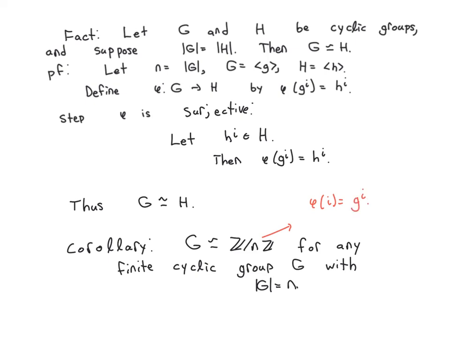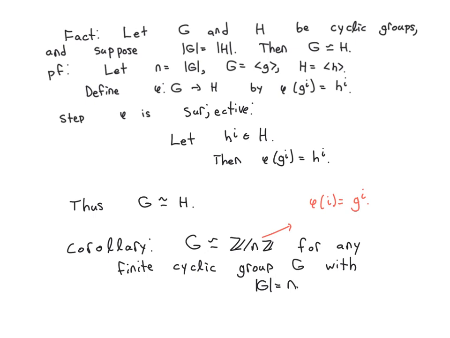And the textbook actually proves that particular example. But I find that going back and forth between addition and multiplication to be a little more difficult to follow. By doing it at the level of two abstract cyclic groups, everything is exponentiation. So I decided to do it that way. But it's essentially the same proof.